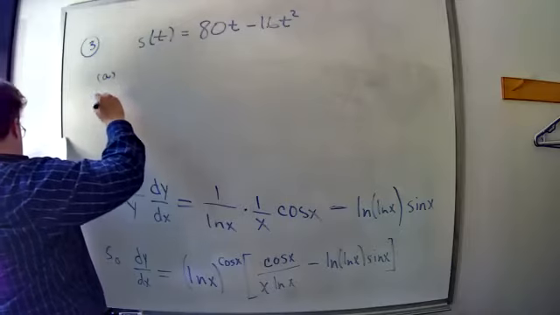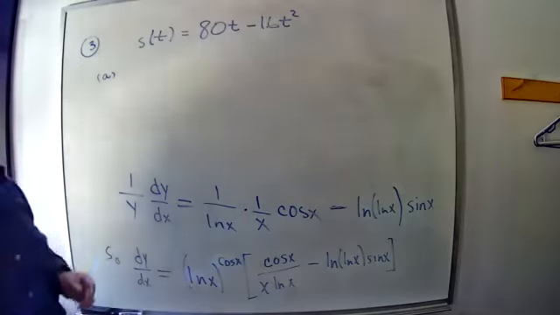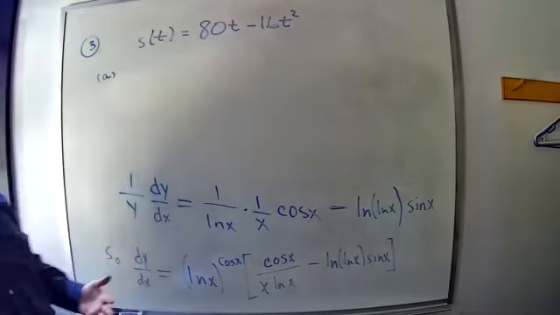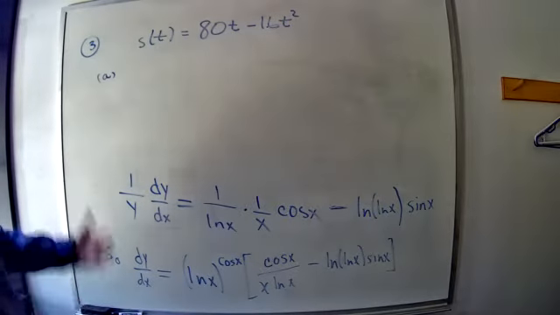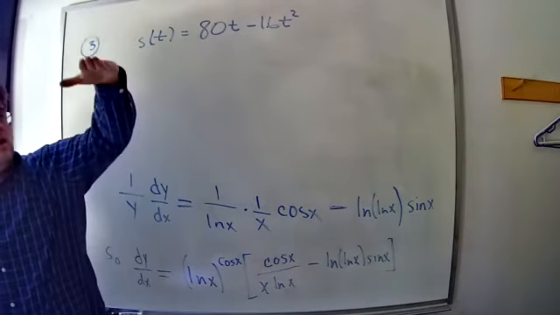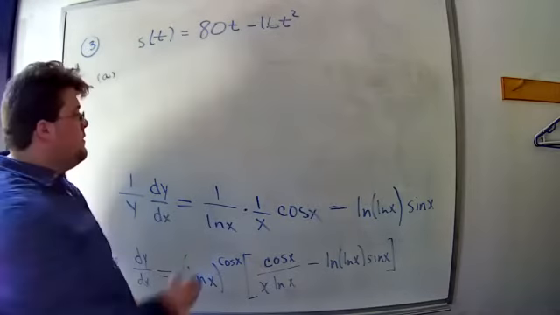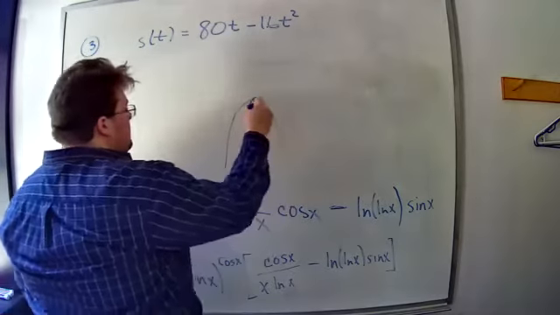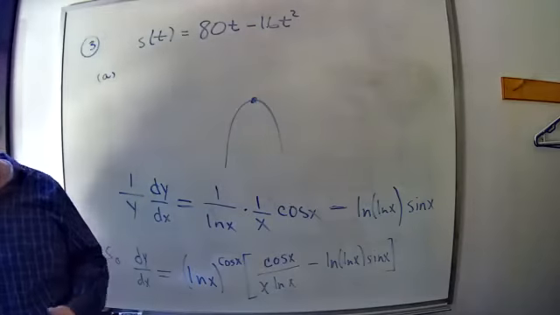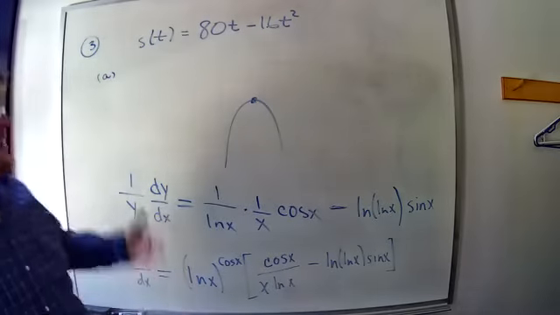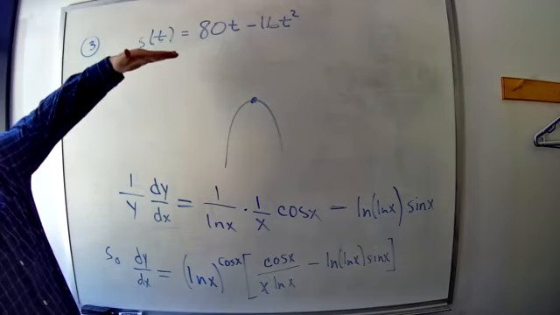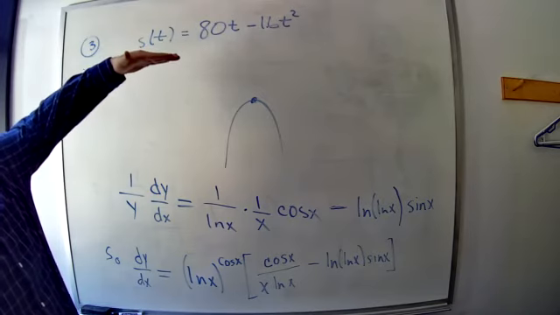Part A asks, when does it reach its highest point? Well, what happens at its highest point? We want a time at which this ball reaches its highest point. You throw a ball in the air, at its highest point, you can view that as being technically at the top of a parabola. Well, kind of a parabola. But what happens at that top? At the top, its position is no longer changing.